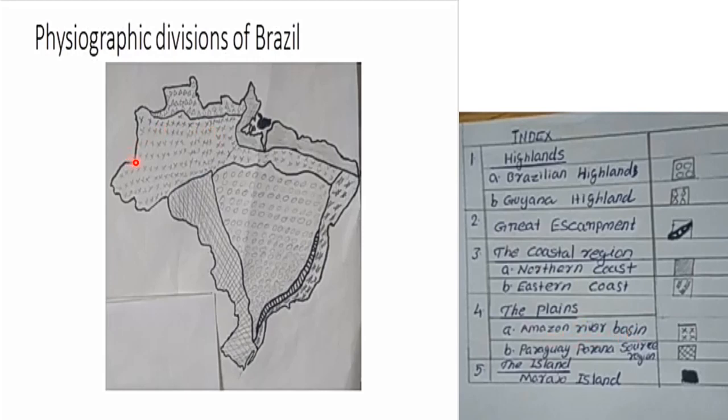This is a plain area where we do not have mountains and hills. And second, the Paraná and Paraguay river source region. This is also a plain land. Then we have an island, Marajo Island, at the mouth of the river Amazon.